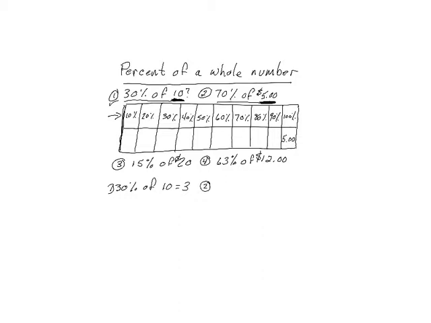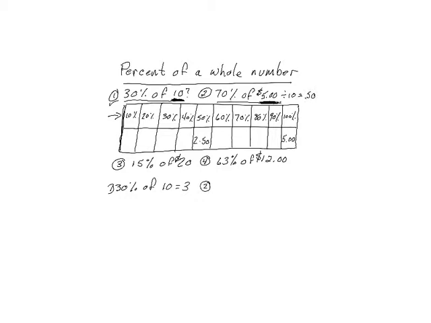And what is half of $5? We would slot the answer in here, so that's going to be $2.50. And 10% of $5 is just $5 divided by 10, which would equal 50 cents.